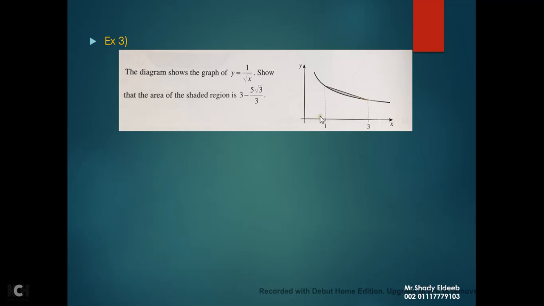To find the area of the trapezoid, we must find base 1 and base 2. How to find base 1 and base 2? By finding the y coordinate for this point and the y coordinate for this point. To find the y coordinate for this point, you substitute 1 instead of x here, because this point is on the graph, and the same with 3. Let's see.